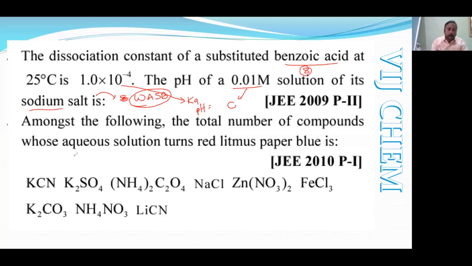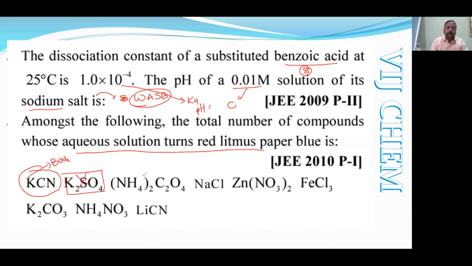Next, among the following, find the total number of compounds whose aqueous solution turns red litmus paper blue. Red litmus paper to blue means a basic solution. KCN is a salt of a weak acid and strong base, therefore it is basic. But K2SO4 is from a strong acid and strong base, so it will be neutral.